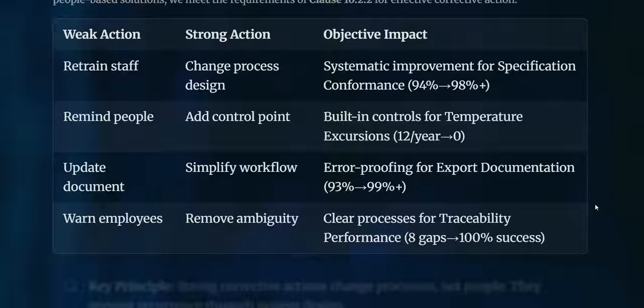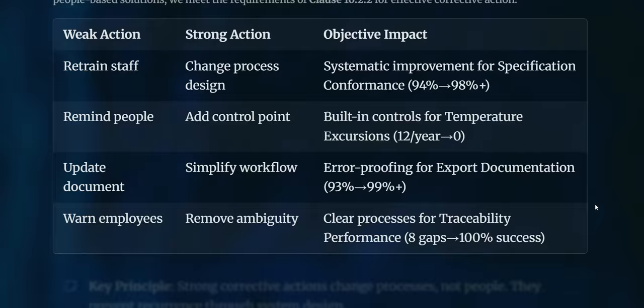The third weak action is to update documents, but the strong action is to simplify workflow. The objective impact with such action is error proofing for export documentation, which we want to raise to 99%. Fourthly, the weak action is to give one employee a warning, but the strong action is to remove the ambiguity.